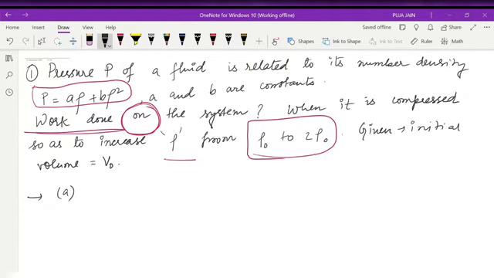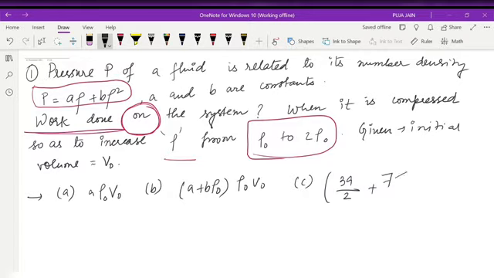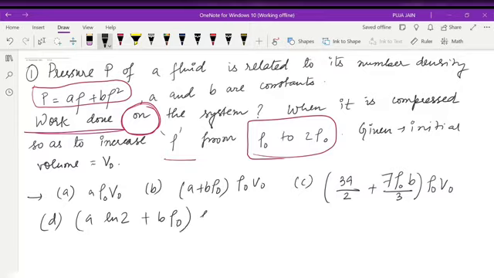Option A: A rho 0 V0. Option B: A plus B rho 0 V0. Option C: 3A by 2 plus 7 rho 0 B by 3, rho 0 V0. Option D: A ln 2 plus B rho 0 V0.